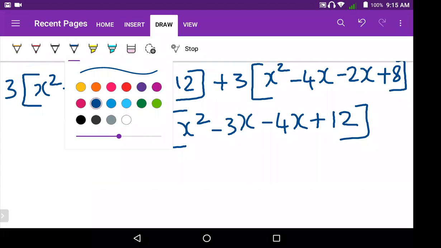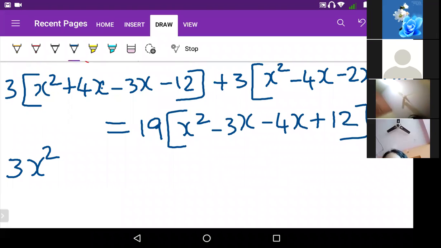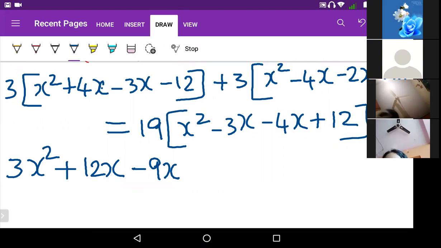So let us start. First, 3 into x square will give me 3x square. 3 into 4x will give me 3 fours are 12, so plus 12x. 3 into minus 3x is minus 9x. Correct? Then 3 into minus 12 will give me 12 threes are 36, minus 36. So this is the answer for the first expression.